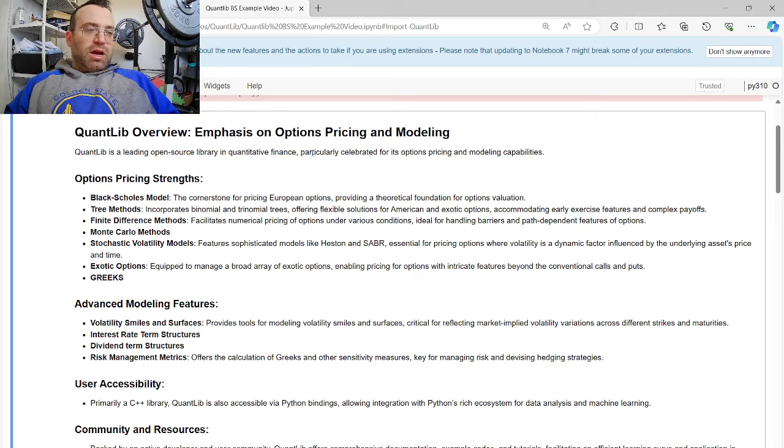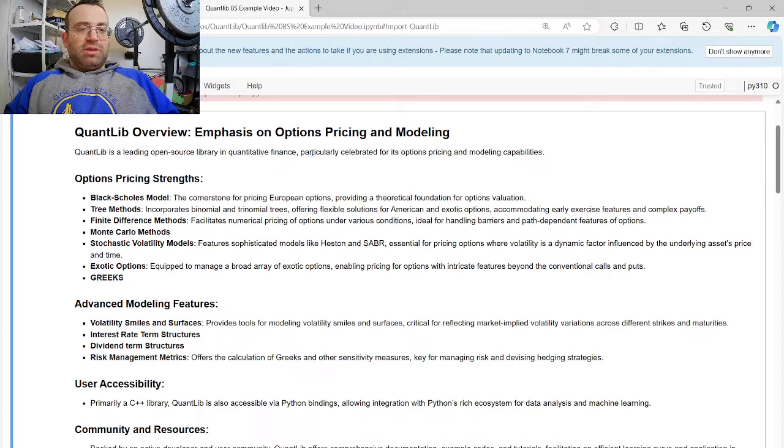There's exotic options. You can calculate Greeks. You can model volatility smiles and surfaces and interest rate term structures, dividend term structures. And you have all these risk management metrics that you can get. It's a really good library.